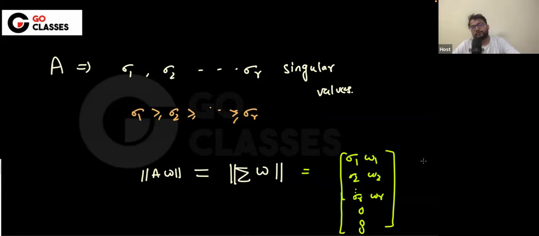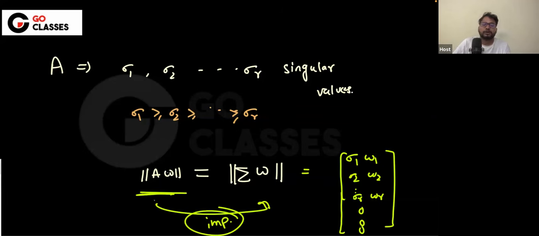Now whatever is the length of this, you can just see. If R non-zero singular values, then this will determine the length. Understood? So basically this is important. The length of AW and length of sigma W are the same. This is important because U and V don't change the length.